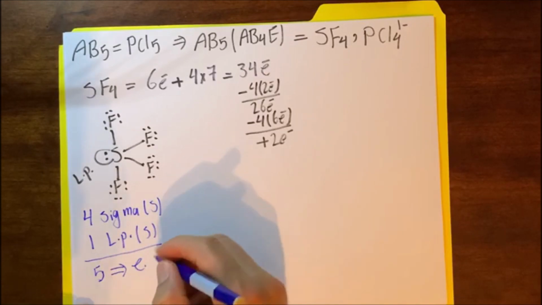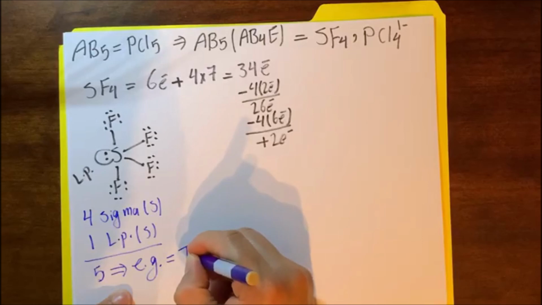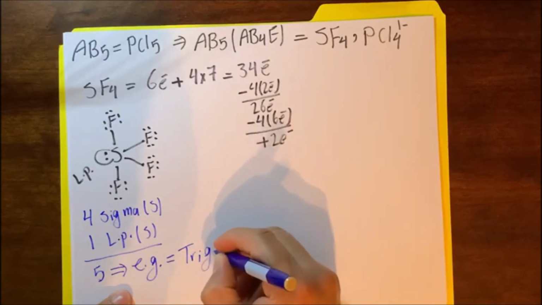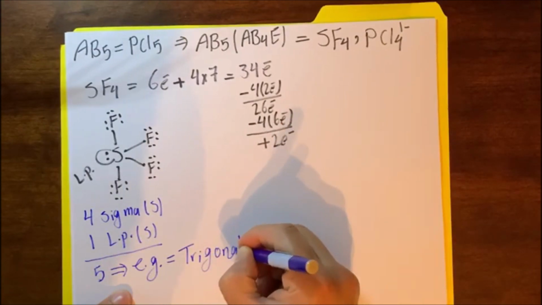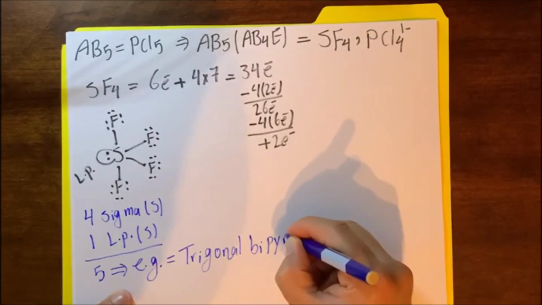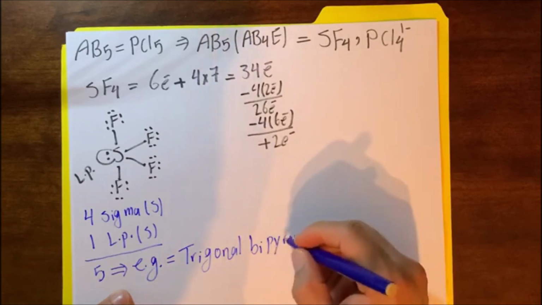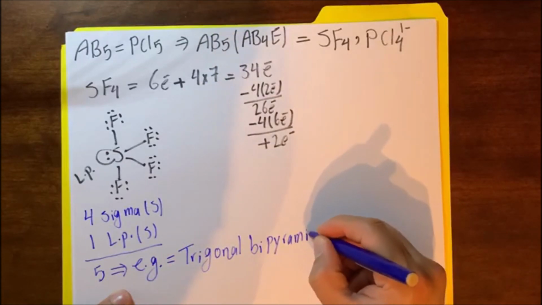The electron geometry will be trigonal bipyramidal.